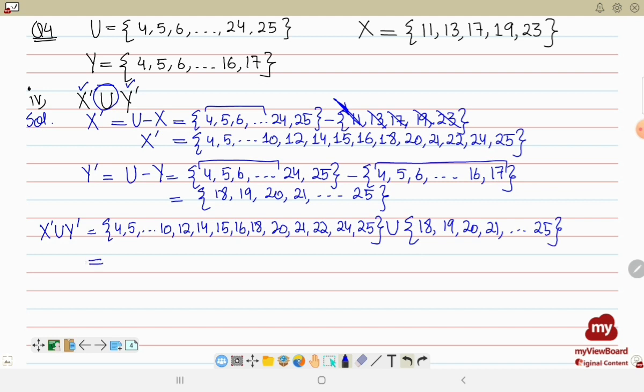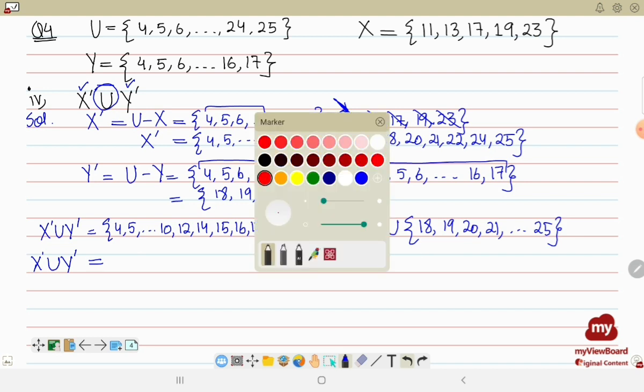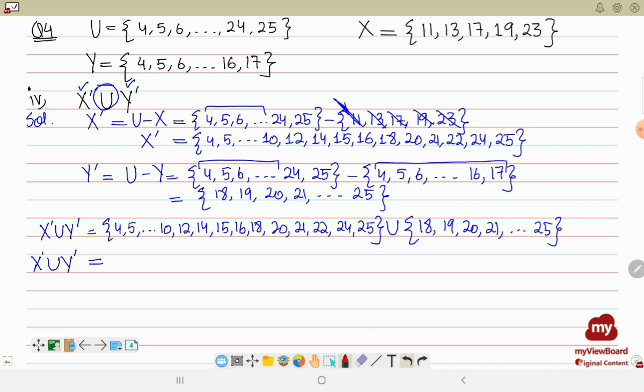So union means you are supposed to combine the elements of both the sets, right?